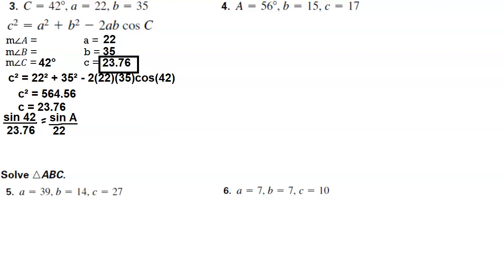Okay, hopefully we're getting in a really good groove here. These problems, if they seem to look the same, they do. The only difference is which version of the law of cosines you have to use in order to get the process going. So we divide both sides by 23.76 because that's what's going to get the sine of A by itself.